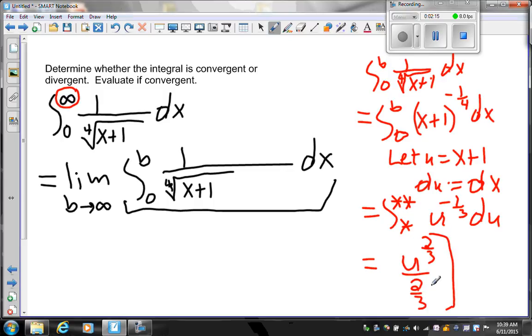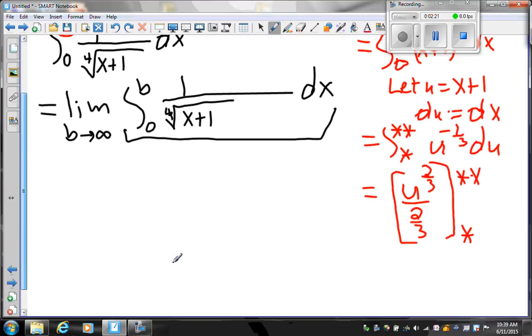The fundamental theorem says that you then evaluate that at your endpoints of the interval. Finally, dividing by 3/4 is the same as multiplying by 4/3, and u is equal to x plus 1. So this is 4/3 (x plus 1) to the 3/4.